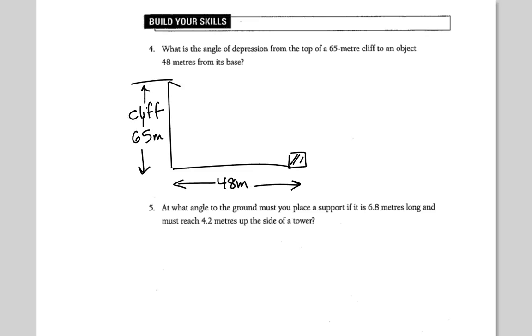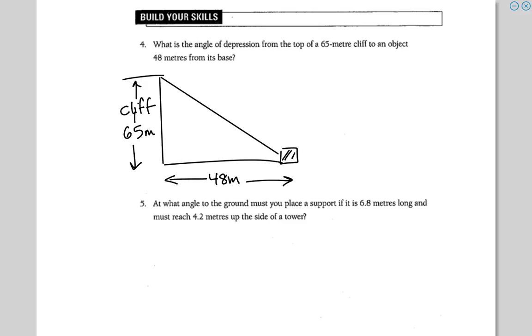So what we can do is make the right triangle. We know the right angle's right here. So let's just find this angle x because it's the angle of elevation. And I know that the angle of elevation is equal to the angle of depression.